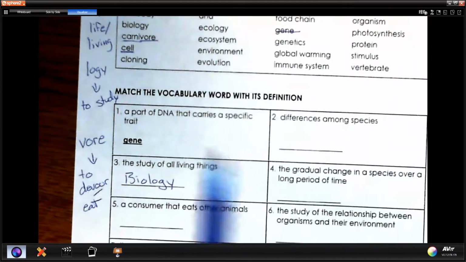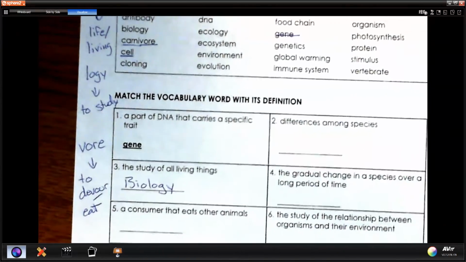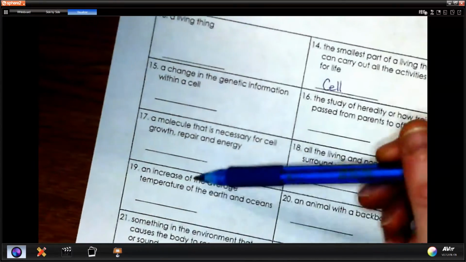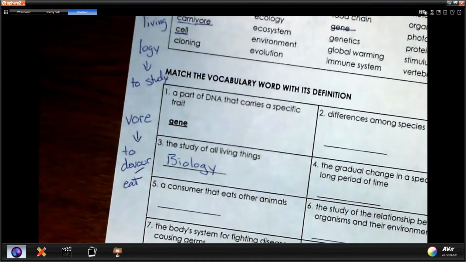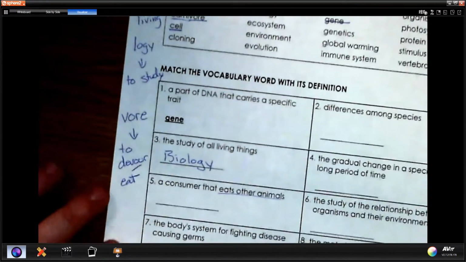So let's see. Carnivore, meat devourer. So where would that go? Carnivore. Eats other animals.